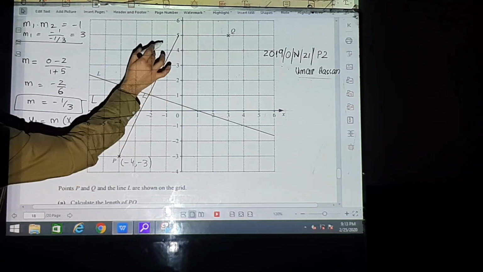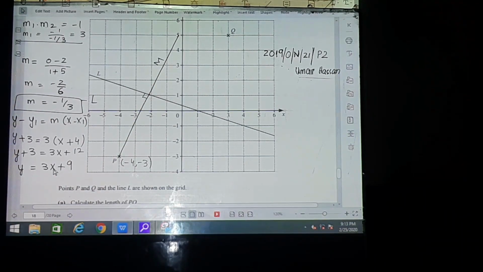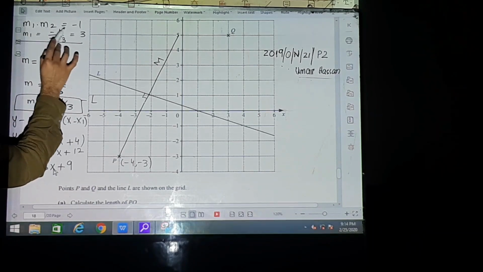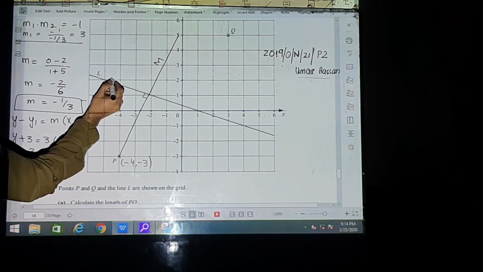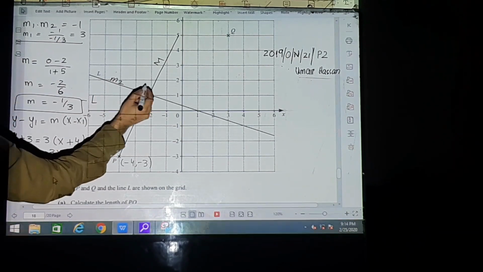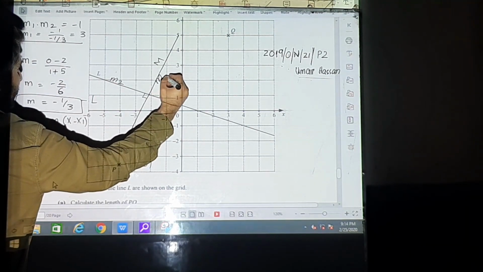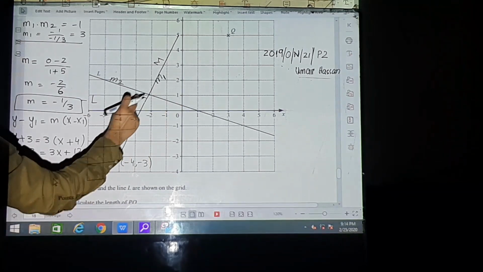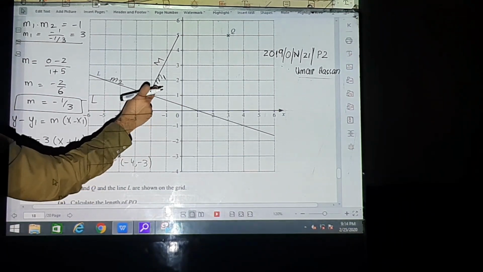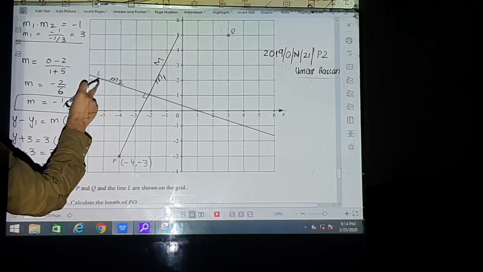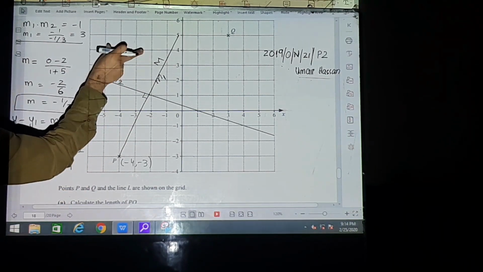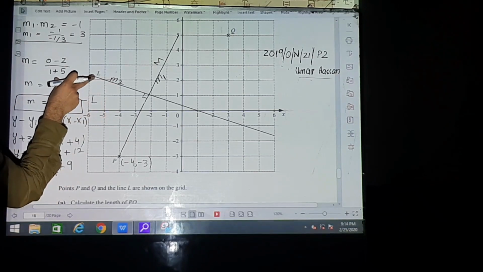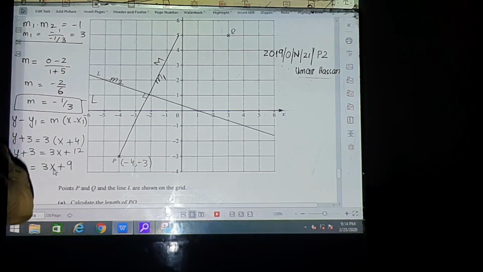Because lines L and M are perpendicular to each other, the formula for two perpendicular lines is this: if the gradient of line M is m1 and the gradient of line L is m2, then when you multiply m1 by m2, the product should be equal to -1.